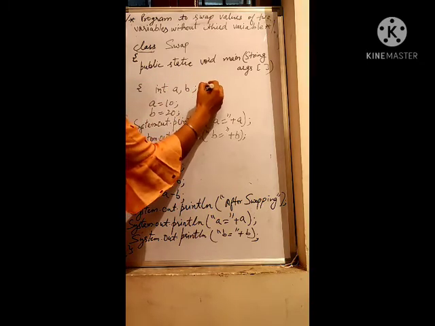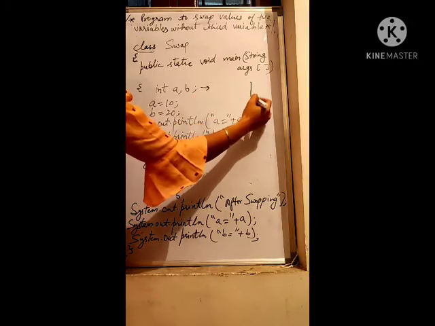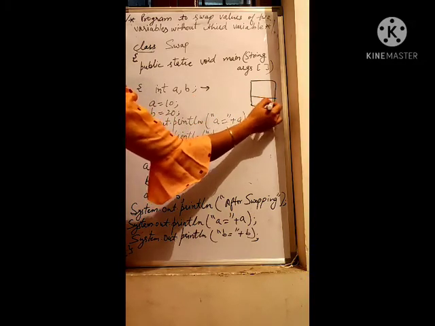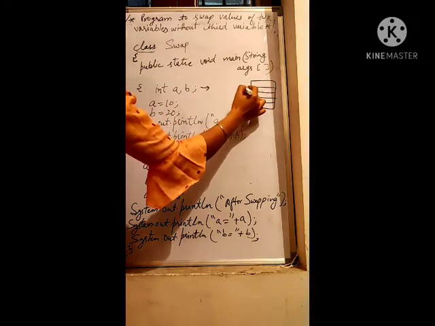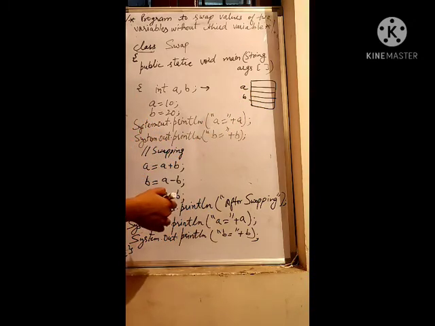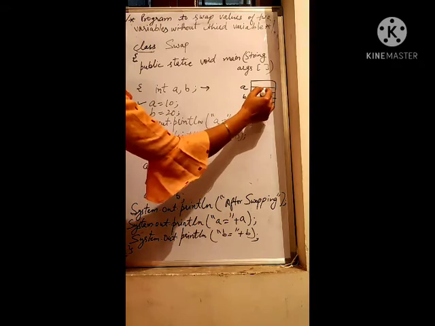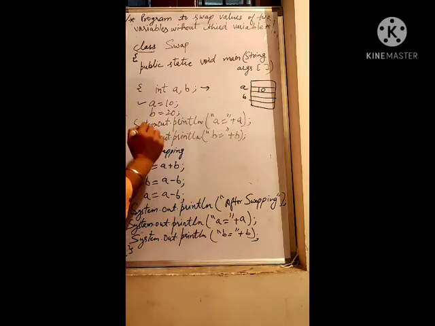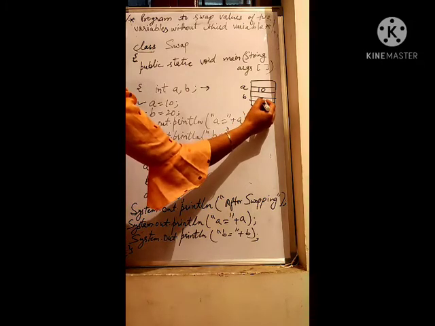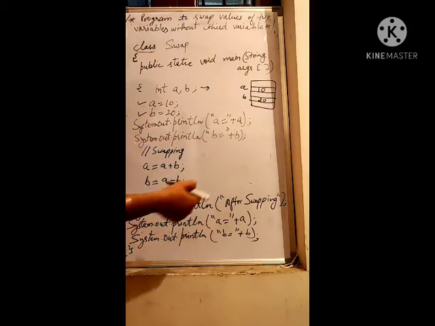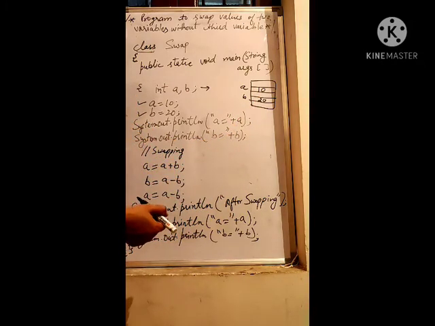This line indicates there are two variables in the memory of integer type and they occupy space in the memory. When I am giving the value 10 to a, then in the memory 10 is stored. When I am giving value 20 to b, then 20 is stored at that location in the memory.